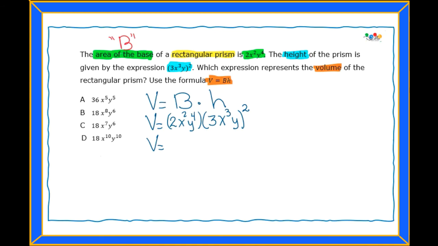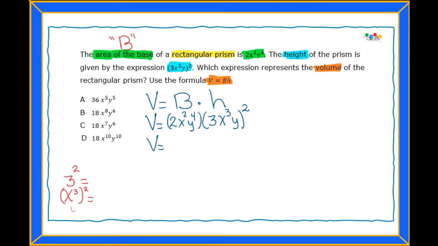This is what it means. It means that 3 needs to be raised to the second power. That 2 outside the parentheses is going to affect each one of the terms on the inside. The next one is x to the third power raised to the second power.